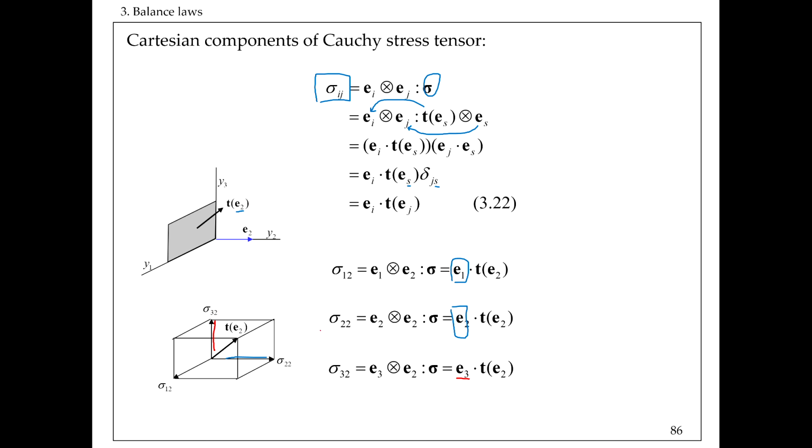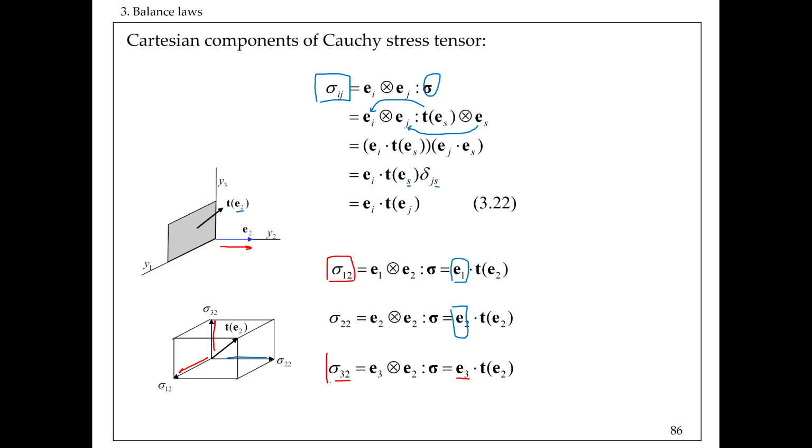And again, you can recall this discussion: the part that coincides with the normal, the projection of that, leads to tension or compression, the tensile or normal stresses. But these two that act on the surface, on the face, within the plane of the face, are typically called shearing components.